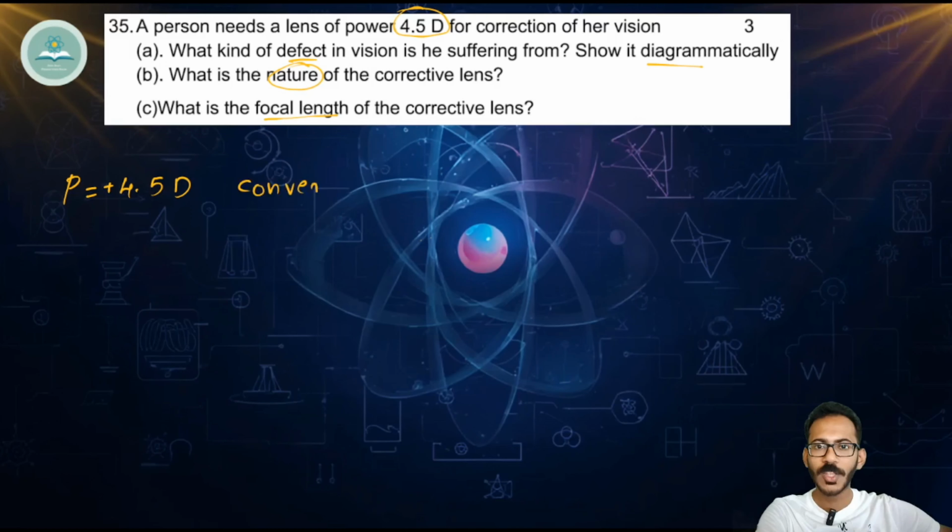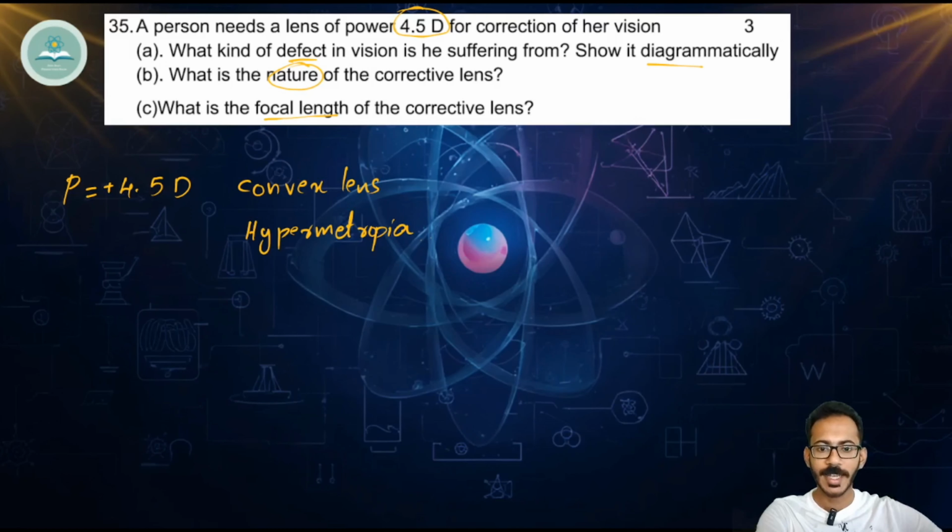We know that one. So if the person is using a convex lens, then the person is suffering from hypermetropia. Suppose if it was a concave lens, then it is myopia. So the first question was, what kind of defect in vision is he suffering from? The person is suffering from hypermetropia.